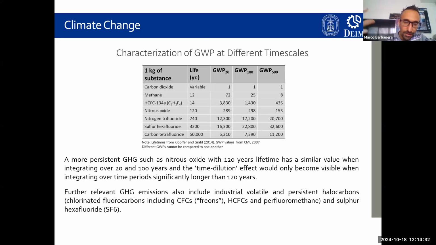This is the reason for different characterization factors for the different greenhouse gases. For the same reason, the global warming potential at 500 years will be lower than the value for 100 years. And this reason is valid for all substances.